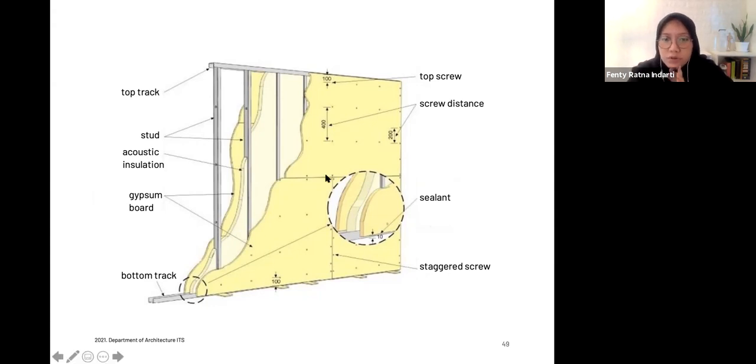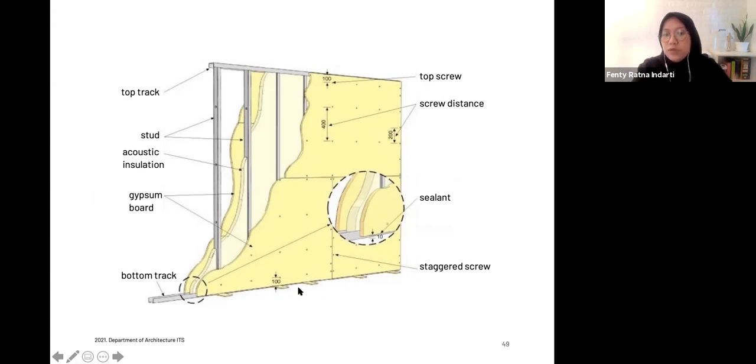And then you also have staggered screws here if you have a joint type of board. Because the board is limited in size, usually 120 by 240 millimeters, as far as I remember, and there are bigger sizes if I'm not mistaken, but what I usually use is 120 by 240 millimeters. You usually use it if you want to attach one part to another part. You have to use a staggered screw method like this.